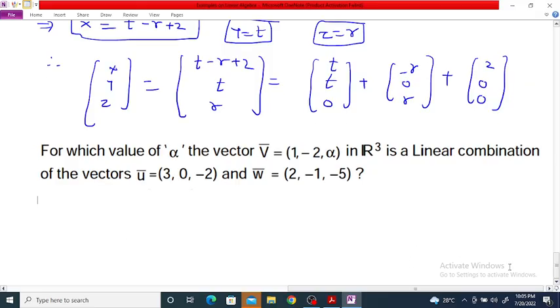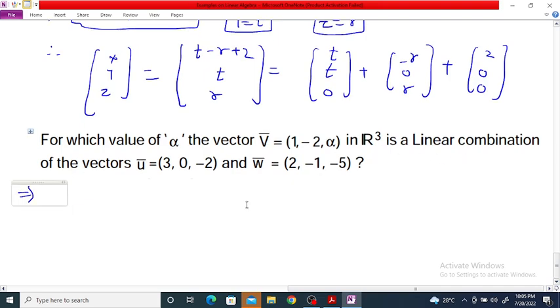For which value of alpha is the vector v equal to (1, minus 2, alpha) a linear combination of u bar and w bar? So now we want to express this vector v bar as a linear combination, k1 of u bar plus k2 of w bar.